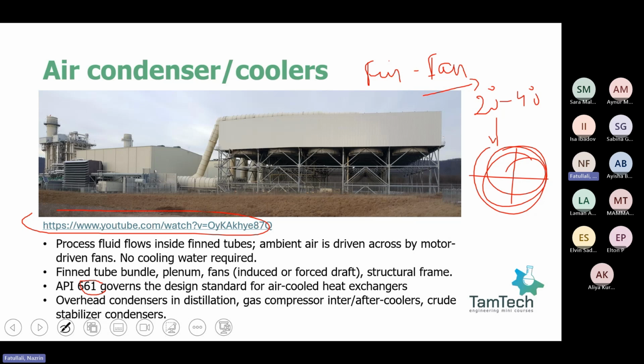If you have time, you can search for details about this API. Also, here is a critical operational constraint. We use it in distillation columns and at gas compressor inlet and outlet, but there is a limited operational constraint, because your minimum achievable temperature is always limited.